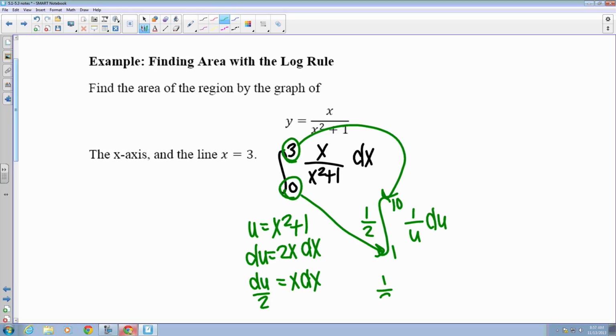So this is 1/2 natural log absolute value of u evaluated from 1 to 10, which is 1/2 natural log of 10, or 1.151.